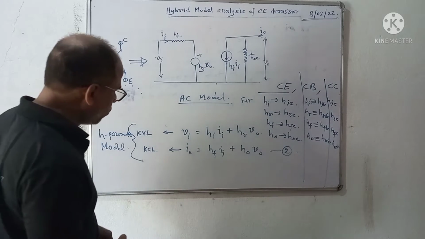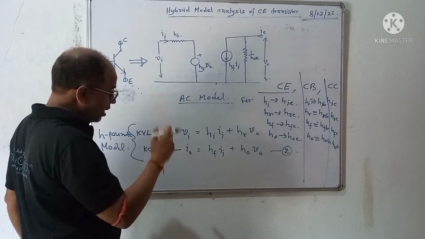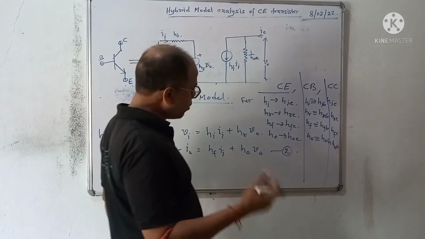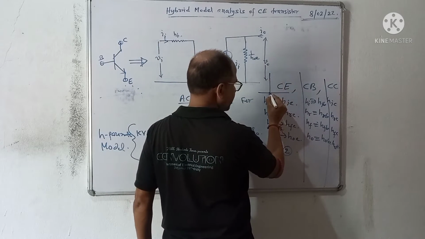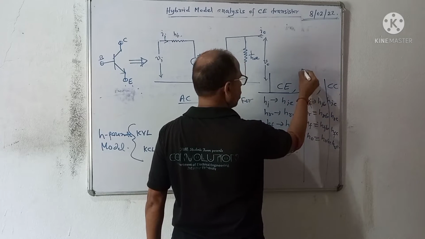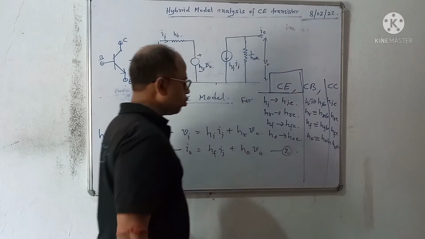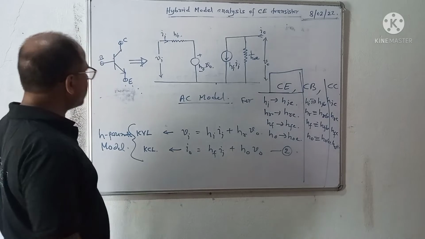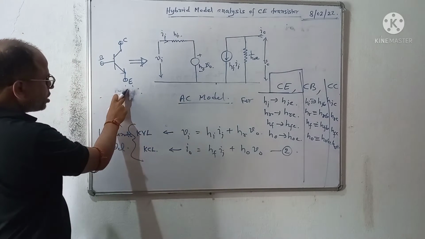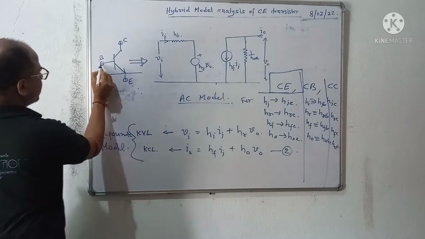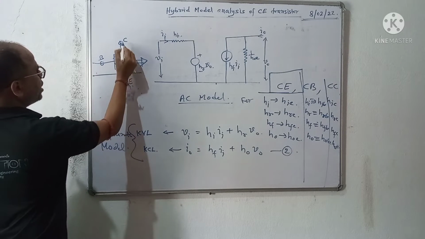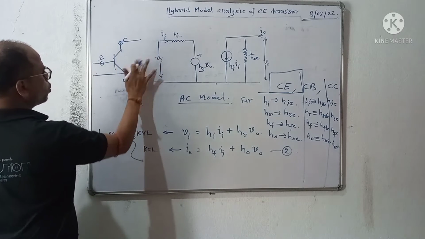Now, in our discussion as per the syllabus, I restrict my discussion to common emitter mode. In common emitter mode, the emitter is common. Here it is the input and here it is the output.